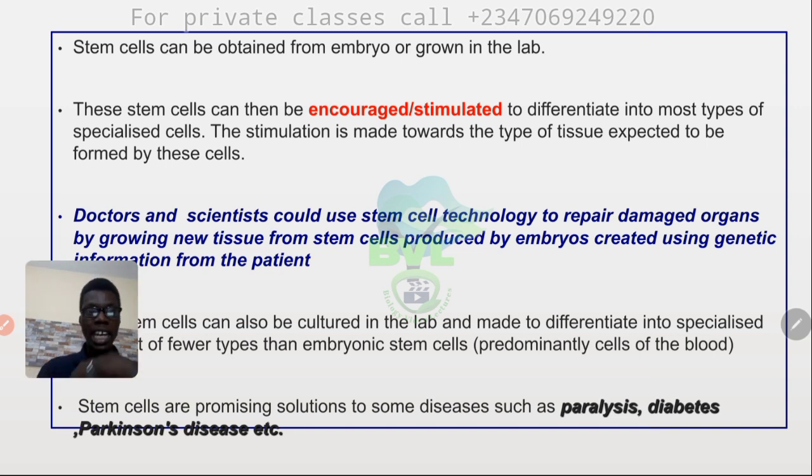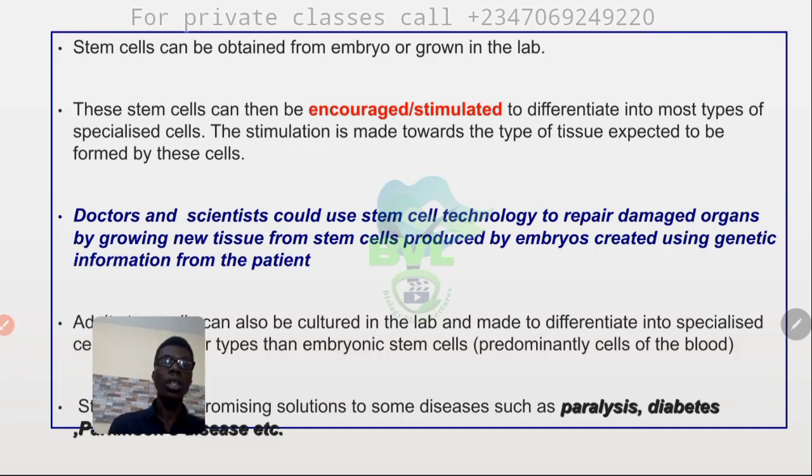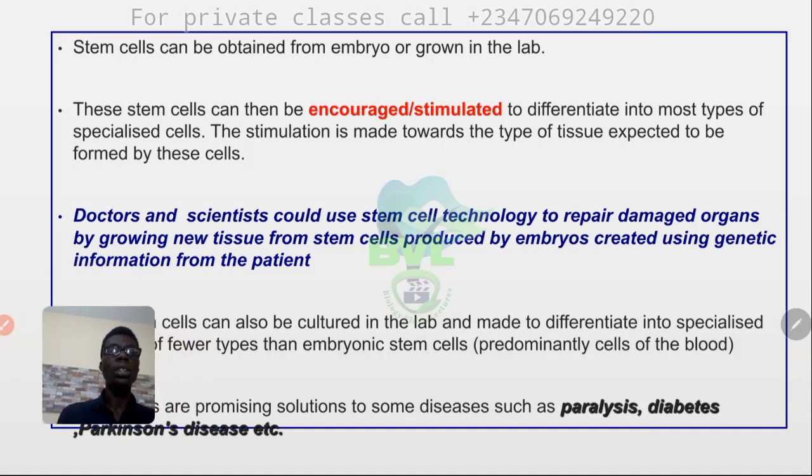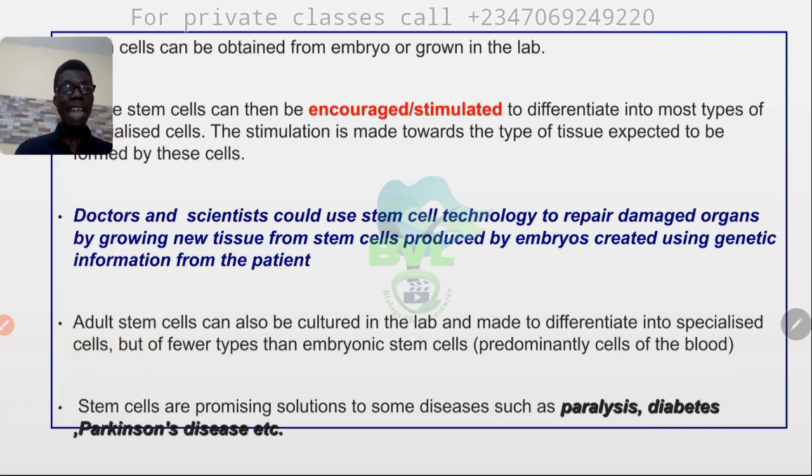It says here the stimulation is made towards the type of tissue expected to be formed by the cells. So if you want a particular type of cell in a particular part of the body, you stimulate it towards that. It says doctors and scientists could use stem cell technology to repair damaged organs by growing new tissues from stem cells produced by embryos created using genetic information from the patient.